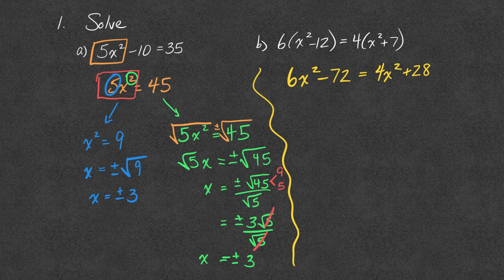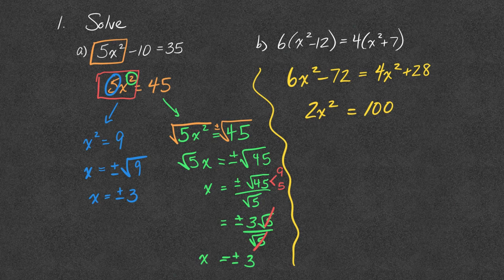Well, I've got 2x squared terms. I can try to isolate my variable term, which means I can collect them on the left. That does mean I have to get rid of a minus 72 on the left, so I can get rid of a minus 72 by adding 72 on the right. And when I add 72, I get a nice round number of 100.